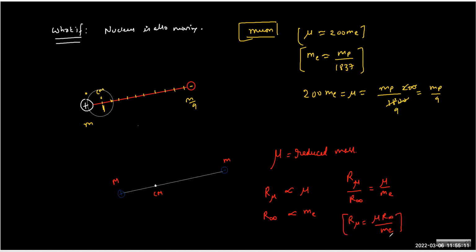The small change you need to bring here is to replace all the R infinity by R mu, or you can just multiply with this factor to the formula, and you'll get the answer. This is as good as saying that the m term in every formula should be replaced by the reduced mass. The moment you do so, all the formulas which you derived earlier will again be correct, and you can apply them for further processing. Is this clear?